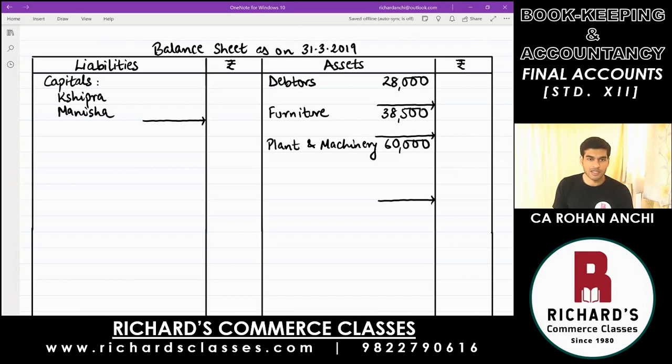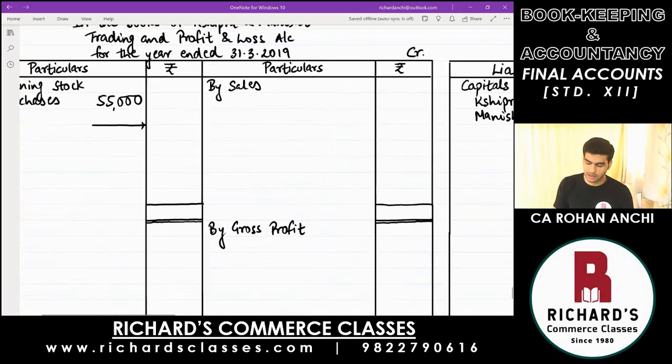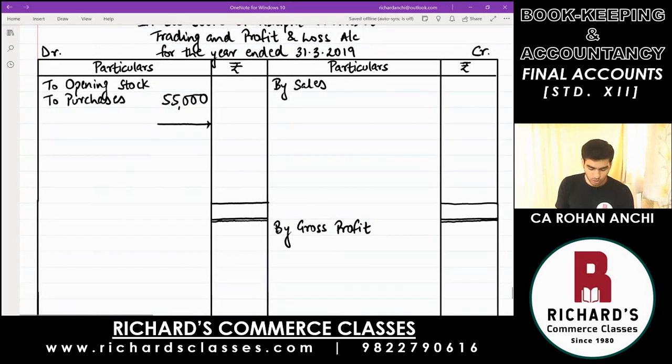Then next is wages. That is an item in trading account. On the debit side, write down to wages. This also has an adjustment, inner column 800. Next is salaries. That goes to profit and loss account.